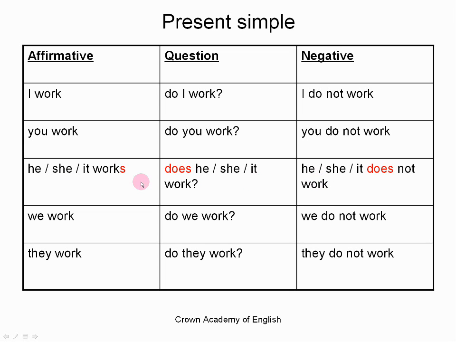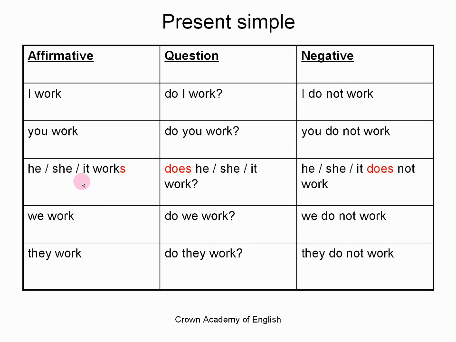Okay. Now, what we're going to do now is we're going to zoom in slightly on this part here. Because it's the third person singular form which changes, there are a few exceptions to the third person singular form.